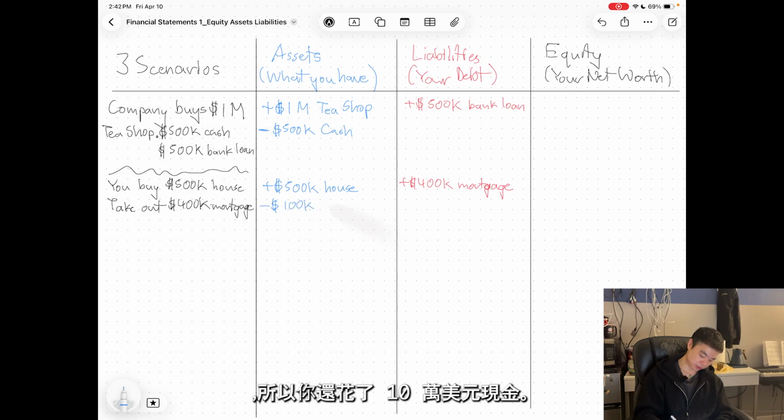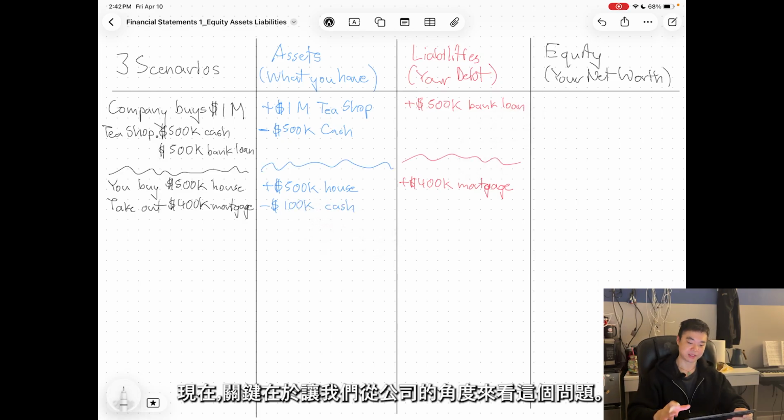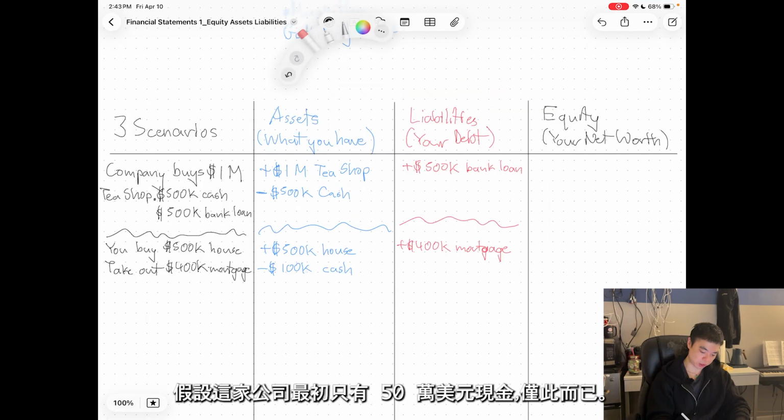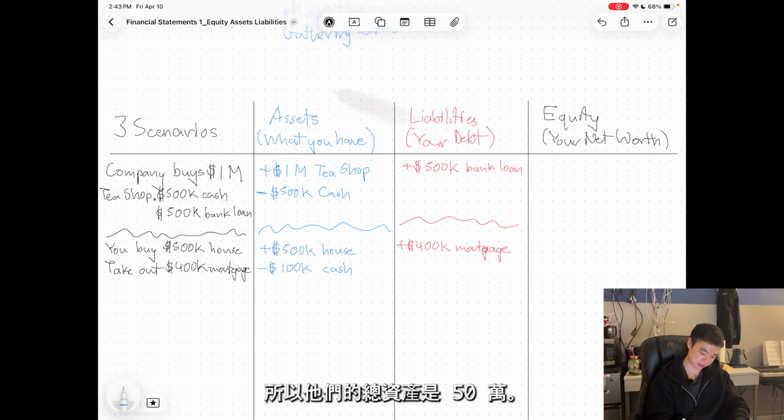On a personal level, well, great, now you have the $500,000 house, but you only took out $400,000 in mortgage, so you also spent $100,000 in cash. Now, the key thing here is, let's look at it from a company perspective, right? So now your assets have increased by $1 million into the tea shop, but decreased by $500,000 in terms of the cash. Originally, let's say this company had $500,000 in cash and that's it, right? So their total assets were $500K in cash. And let's say we had $100,000 in cash.